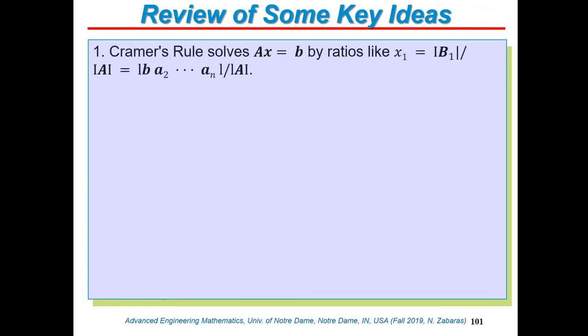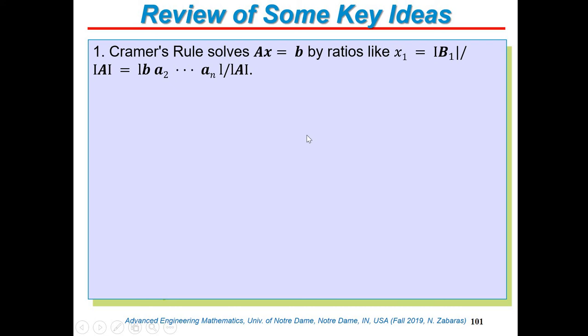There were many new ideas. We discussed Cramer's rule for computing AX equal to B, and then also Cramer's rule for computing the inverse of a matrix A. For computing the solution to AX equal B, we had to compute these matrices B1 to Bn, where we take the matrix A and substitute each column one at a time with the vector B. So we had to calculate n plus 1 determinants.